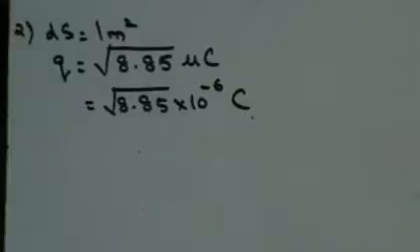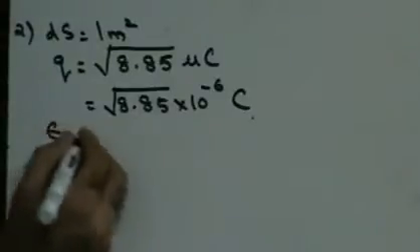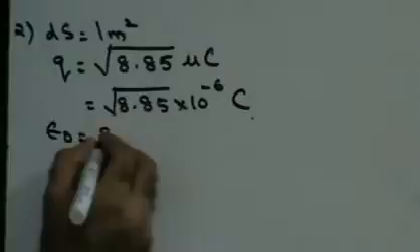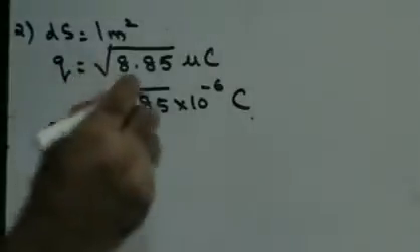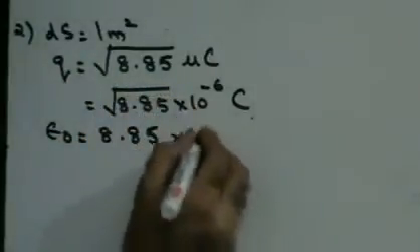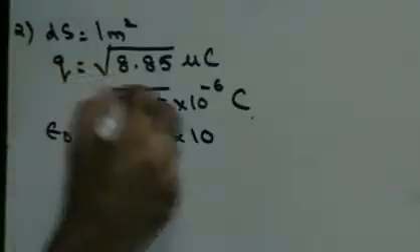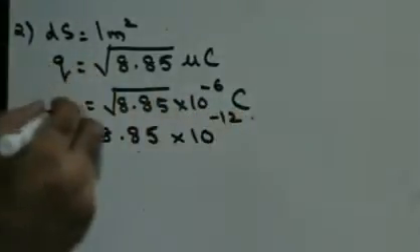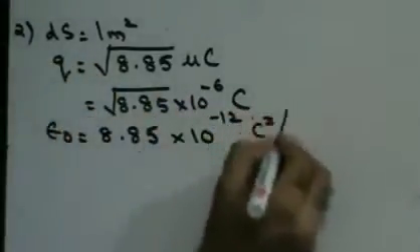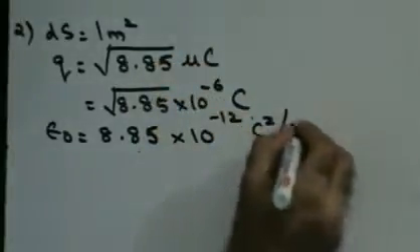Calculate the mechanical force acting on it, if epsilon 0 is 8.85 into 10 raised to minus 12 coulomb square per Newton meter square.